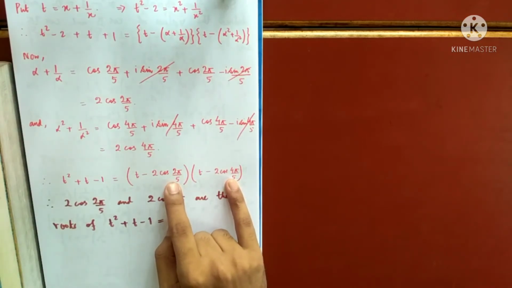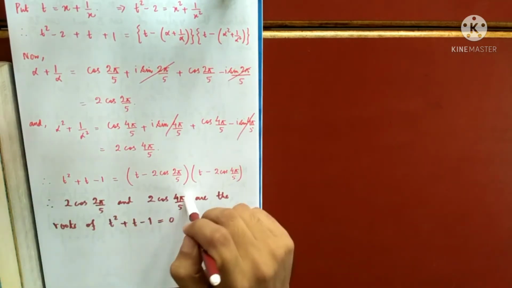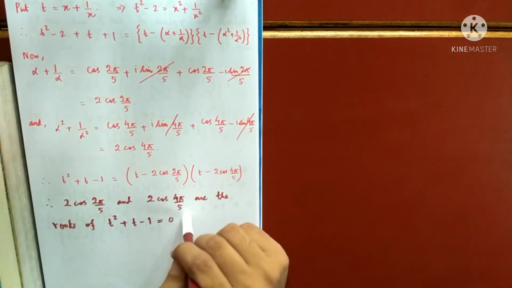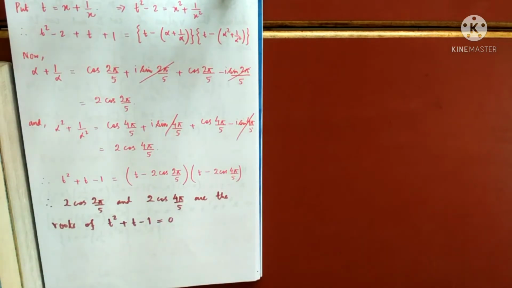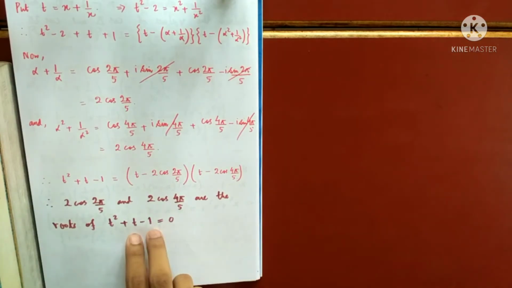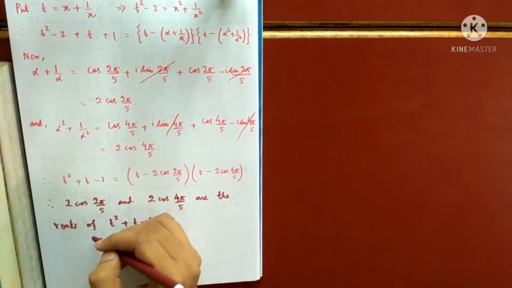These two numbers are root of this quadratic. So to find their values, I have to solve this quadratic, because I know how to solve this quadratic. I'll get two distinct roots, and those two distinct roots will be the value of this and this. Okay, so let's solve this quadratic.